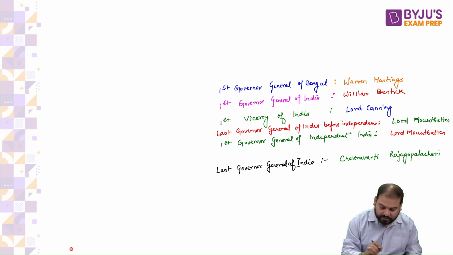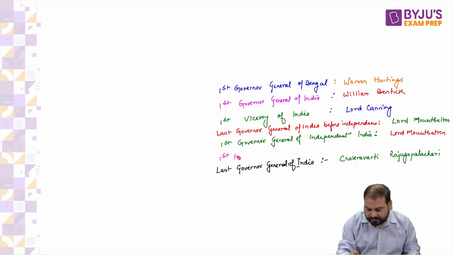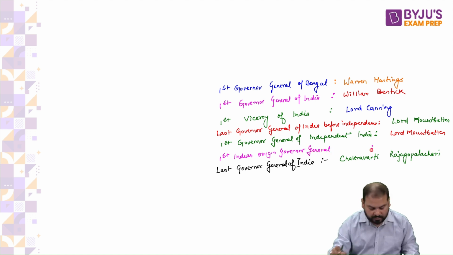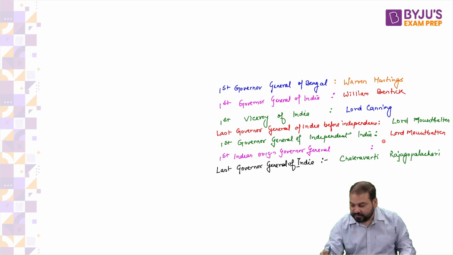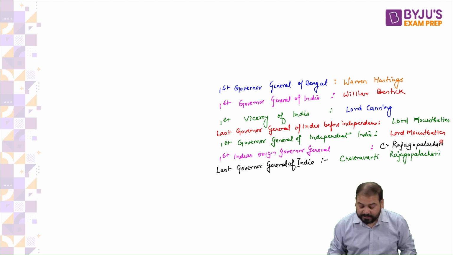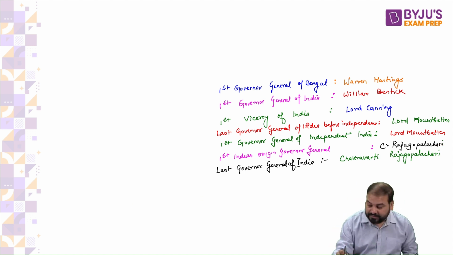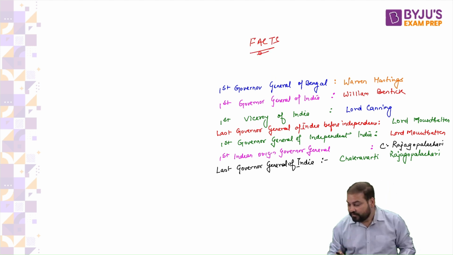If the question is first Indian origin Governor General, the answer will be C. Rajagopalachari. Everyone, is this clear? See, these are facts. These are SSC level facts.